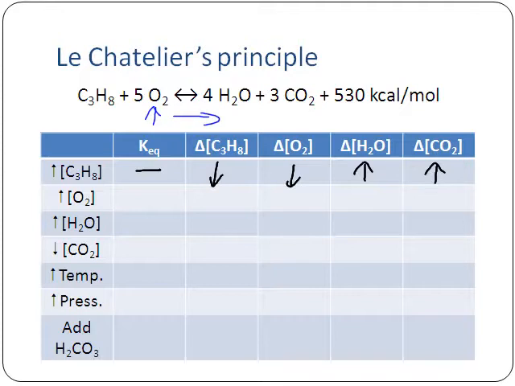If the reaction shifts to the right, the concentration of C3H8 is going to go down, the concentration of O2 is going to go down, the concentration of H2O, because it's on the right, is going to go up, and the concentration of CO2 is going to go up. The KEQ, since we're not changing the temperature, is going to stay the same. These shifts happen to keep KEQ the same.